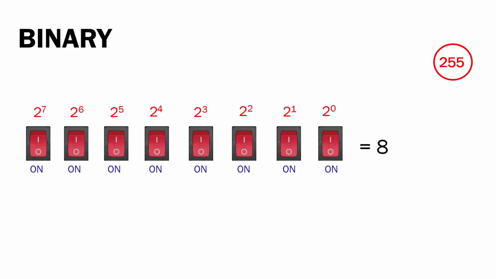And again, any number raised to 0 is equal to 1. 2 raised to 1 is equal to 2. 2 raised to 2 or 2 times 2 is equal to 4. 2 raised to 3 or 2 times 2 times 2 is equal to 8. 2 raised to 4 is equal to 16. 2 raised to 5 is equal to 32. 2 raised to 6 is equal to 64.